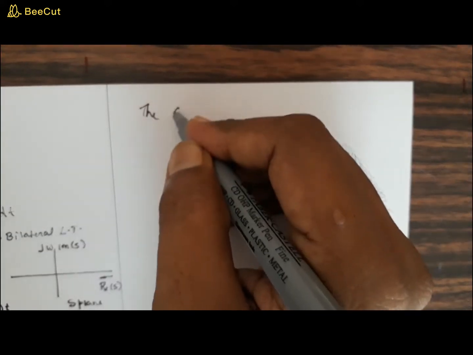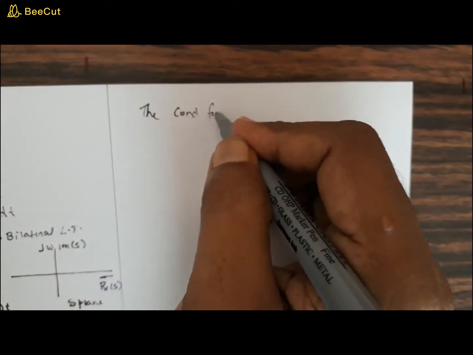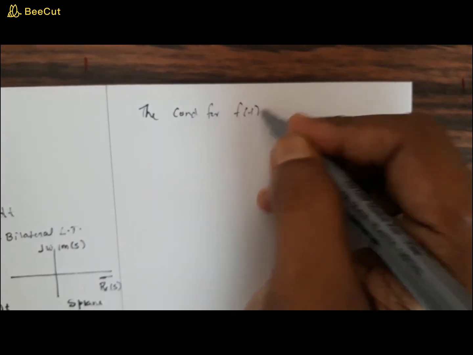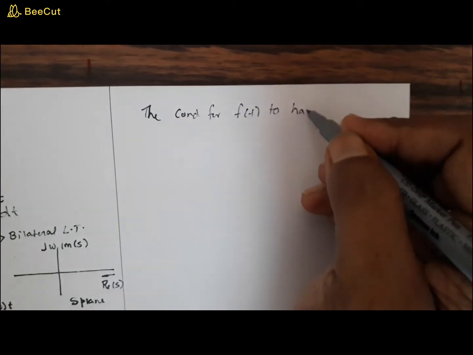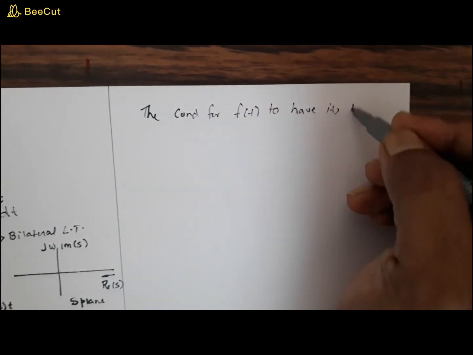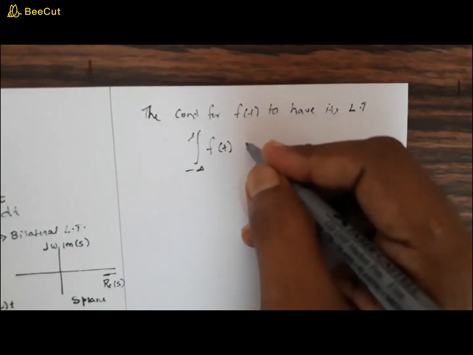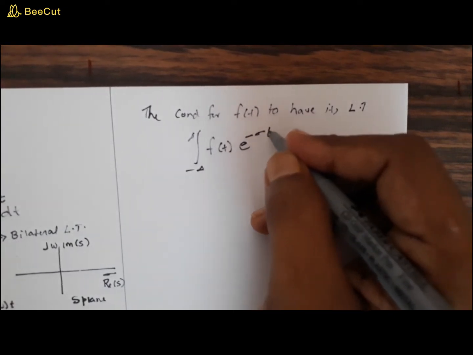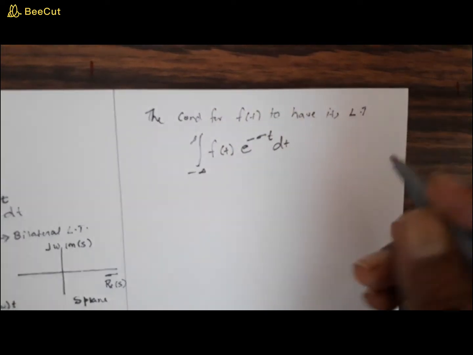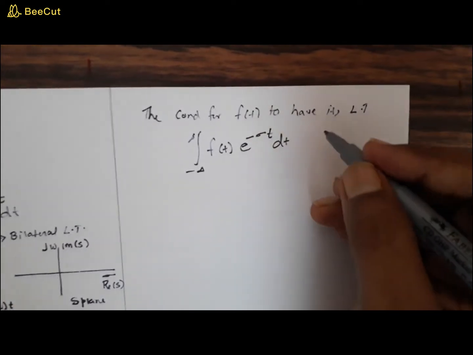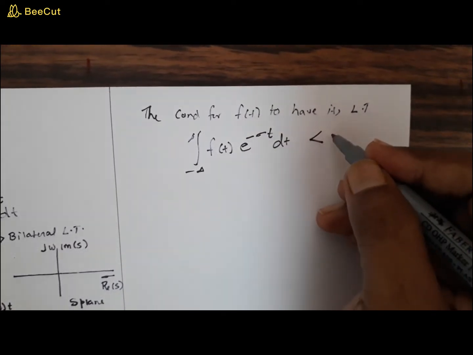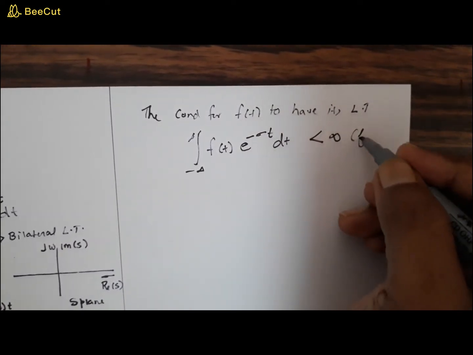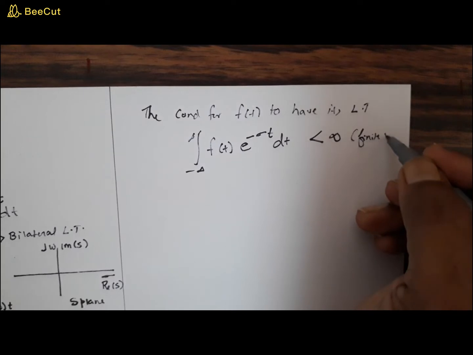Therefore the condition for f of t to have its Laplace transform is the integral from minus infinity to plus infinity of f of t e raised to minus sigma t dt has to be less than infinity, or it has to be a finite value.